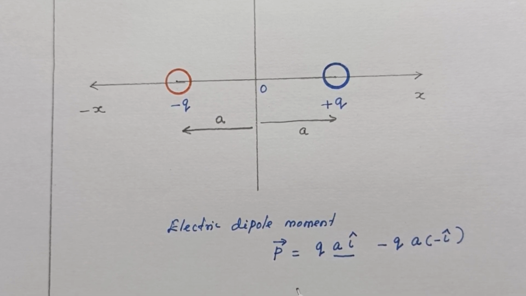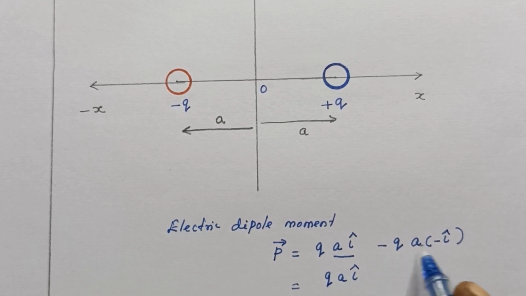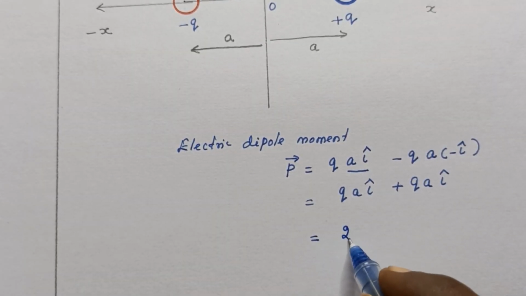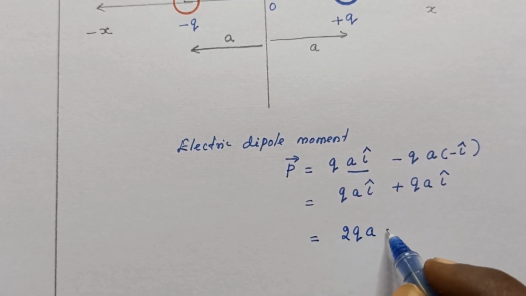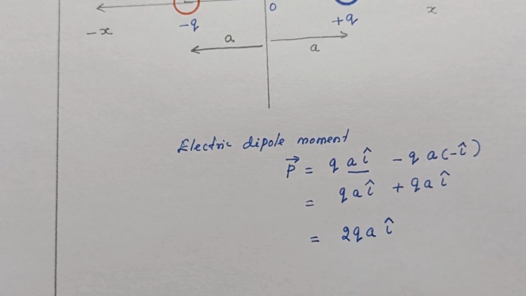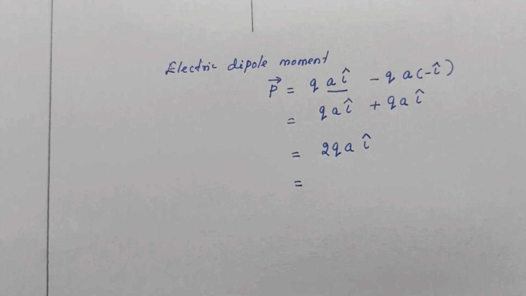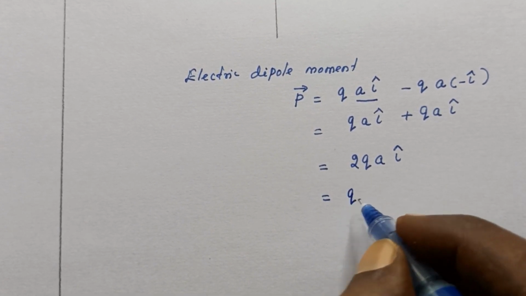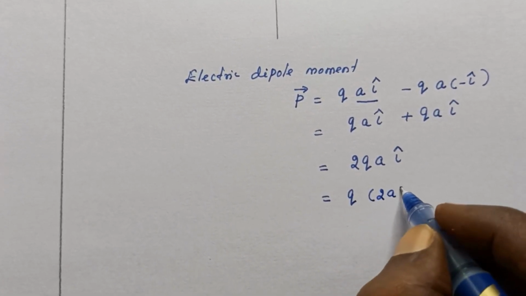Okay, from this we can write this is q into a i cap, minus of minus plus, so q into a into i cap. Now this can be written as 2qa into i cap, or we can write this as q into 2a into i cap.